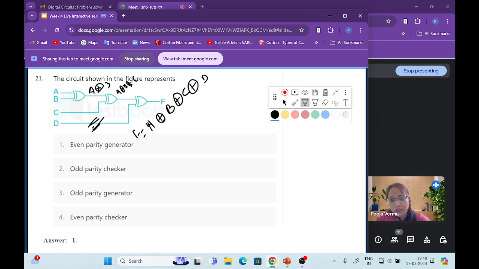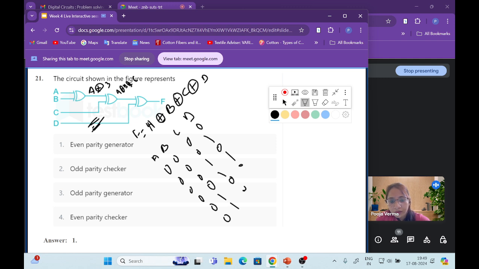Four inputs are there: A, B, C, D. So what are the combinations for this? 0000, 0001, 0010, 0011 for 3, 0100, 0101, till 15, 1111. Now F, A, B, C, D.